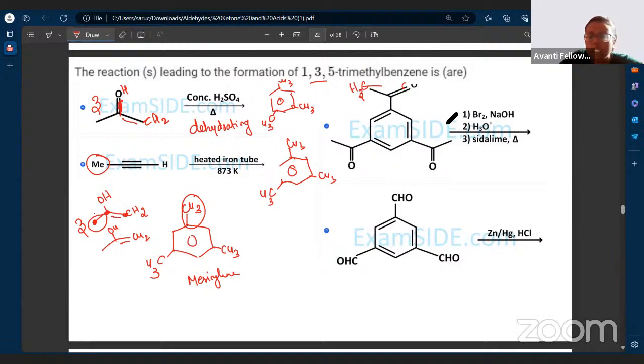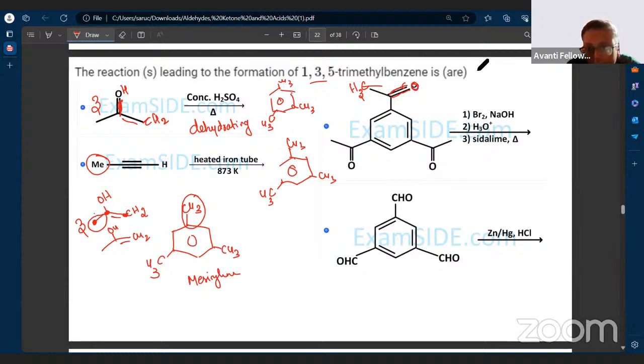So Br2/NaOH. When there is a carbonyl compound over here, what reaction is this? This is a haloform reaction. So what you'll be getting? You'll be getting a haloform.